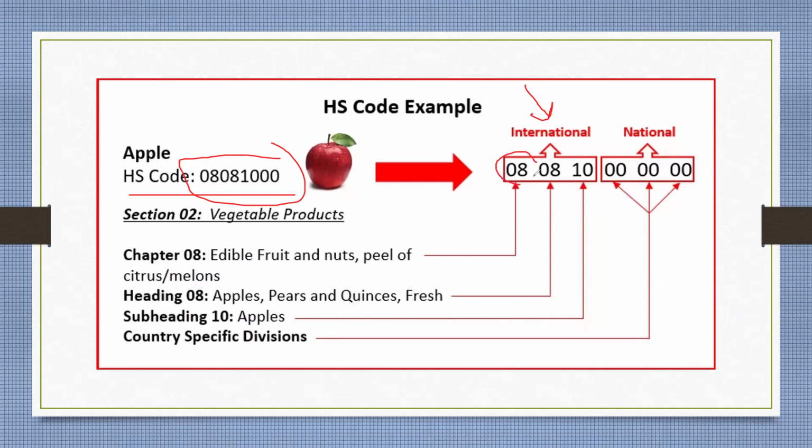Here it is written 8. 8 means edible fruit and nuts, peel of citrus or melon. Again, heading 8 means apples, pears, quinces, fresh. Subheading is 10 for apple. And country specification: suppose any country is there, like India, so the Indian code will be mentioned, or district or place of origin can be identified by using this data. So HS code is very important for import and export.